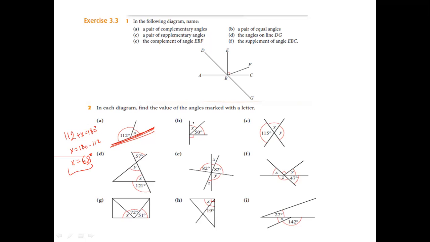And what about the next x? As you see here, the sign of a right angle and a straight line, and we need the complementary angles.